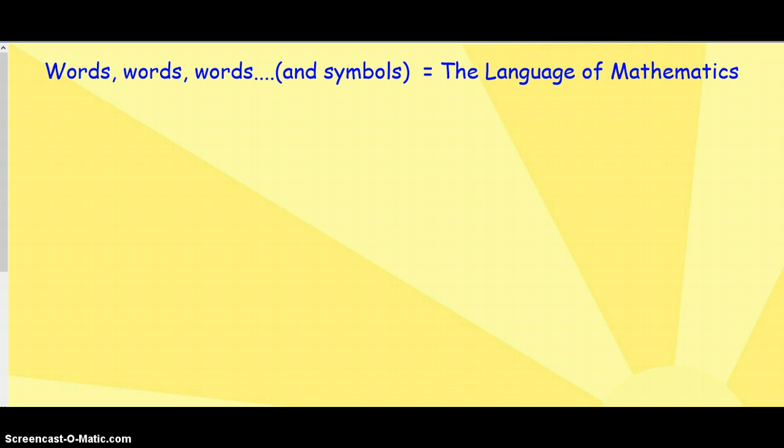Now, throughout this course, we're going to have to learn the language of mathematics so that we can communicate mathematically. In this section, we have some words that we do need to know. For example, variable. You're very familiar with this word, or should be from Algebra 1, but what it means is it's an unknown quantity.